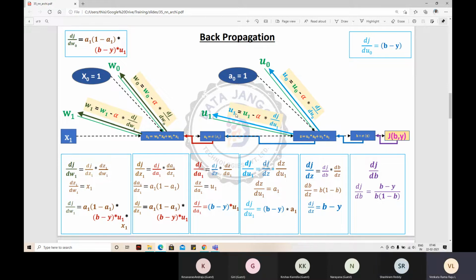Basically, your question is how exactly it is trying to see that the weight is low in each layer, right? So this is the key. dJ by dU0, dJ by dU1, dJ by dW0, dJ by dW1 are the slopes of the tangent for the convex cost function.